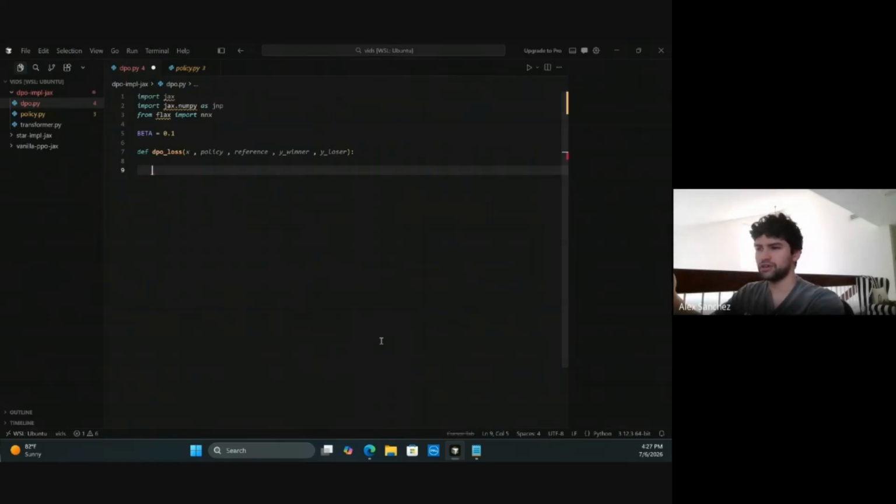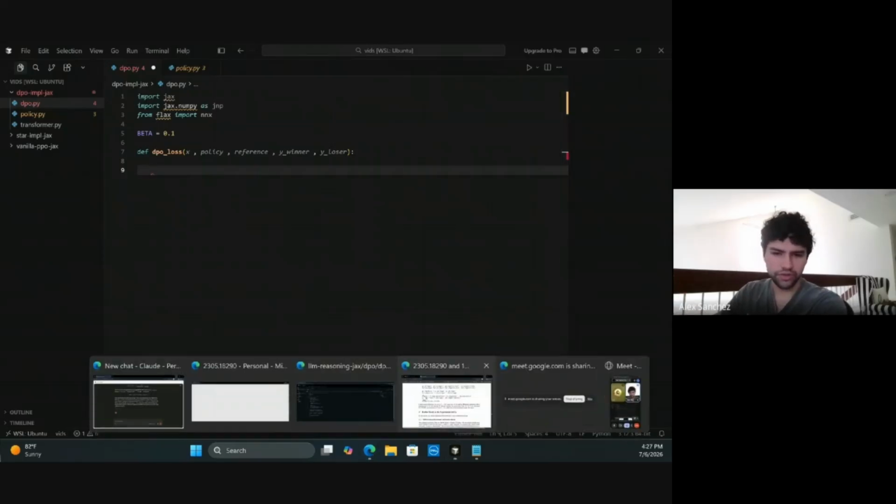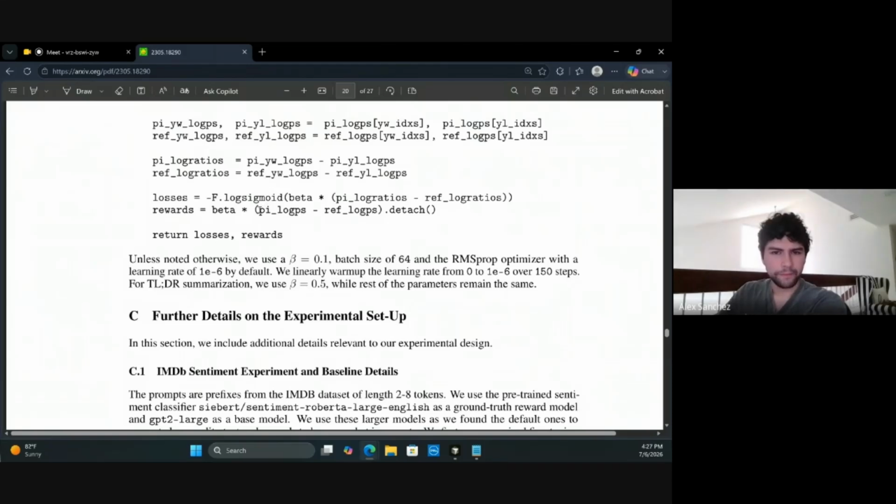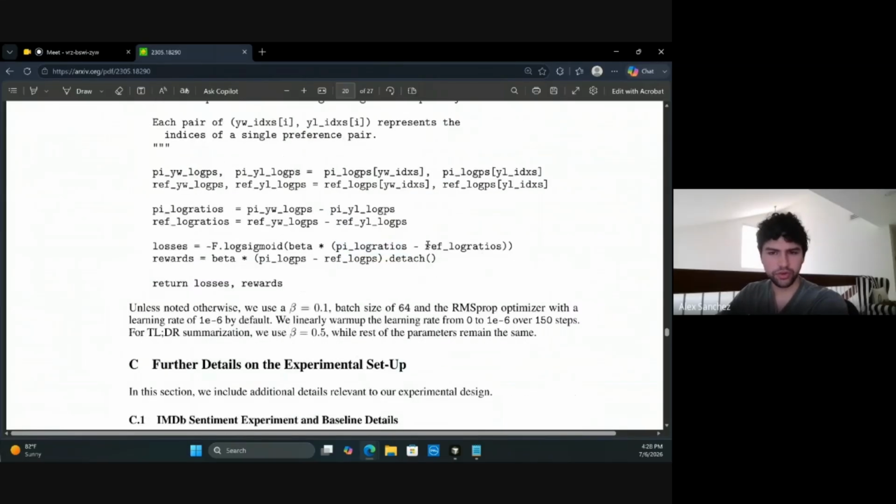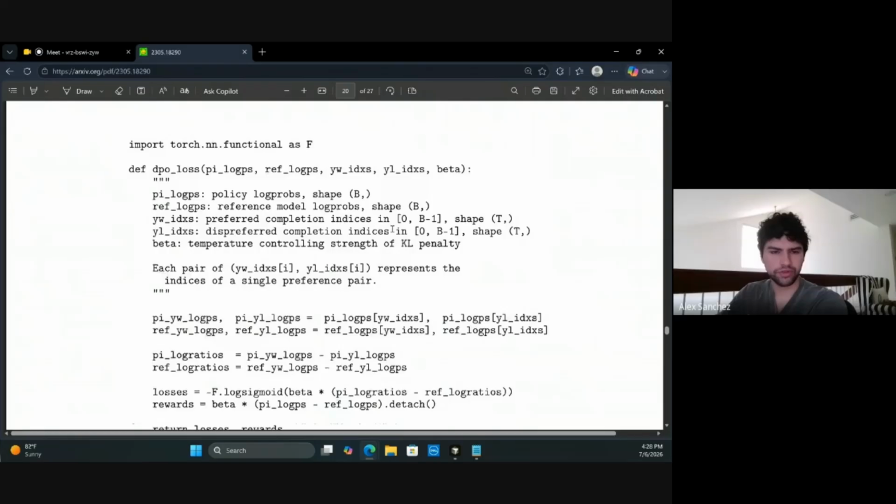We need the log ratio of the winners. Let's look at this here. We need the ratios of the policy, and then the ratio of the reference, but we need the winner and the loser ratios.